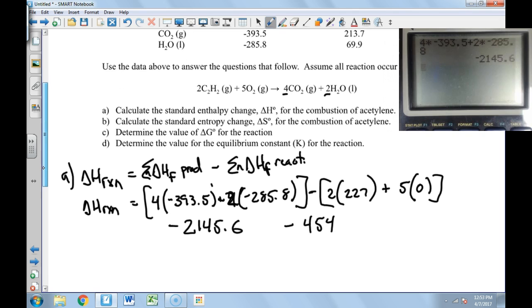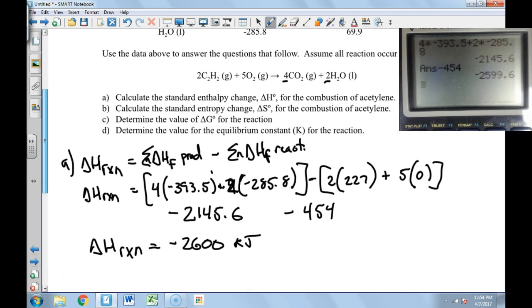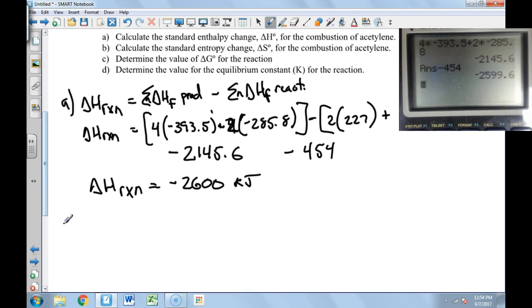Then when we do that, the delta H of the reaction is equal to just about negative 2600 kilojoules. Perfect.